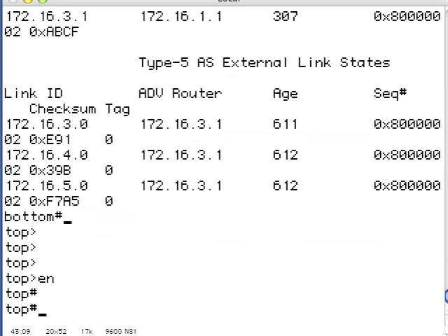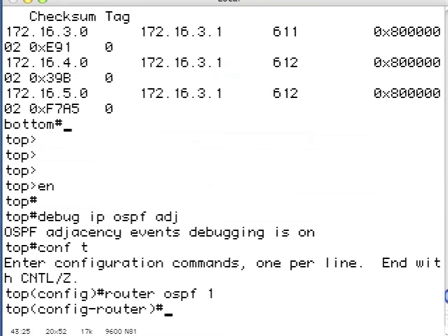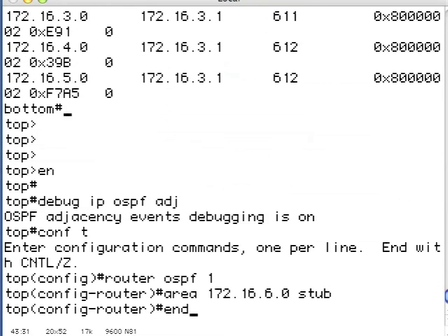Okay, I'm over on the top router now. Let's do some debugs so we can see the neighbors come up. Debug IP OSPF adjacency. And let's configure router OSPF 1, area 172.16.6.0 stub.